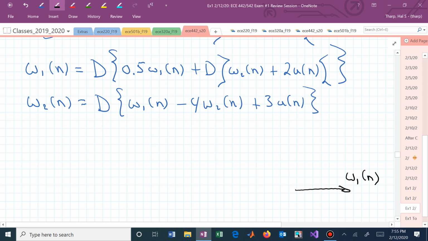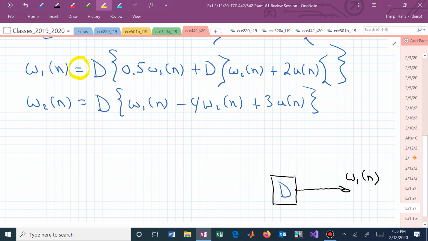And in fact, that is made up of a combination. It's the output of a delay block. Do you see that? So this W1 of n is equal to the output of a delay block.